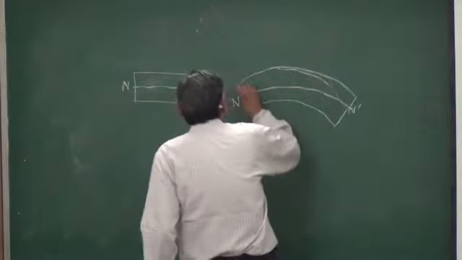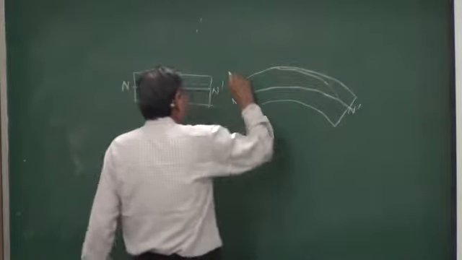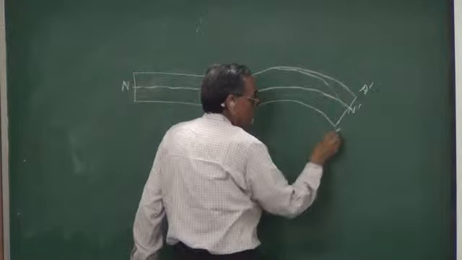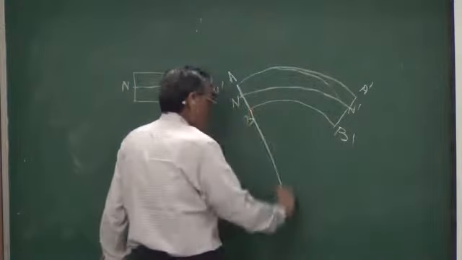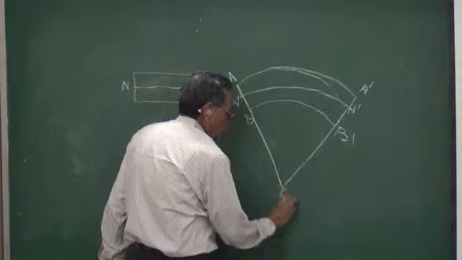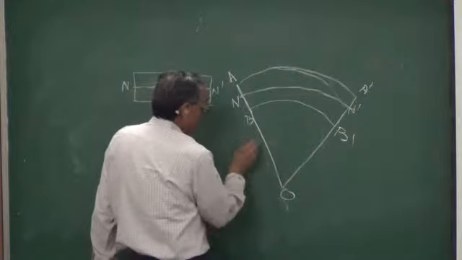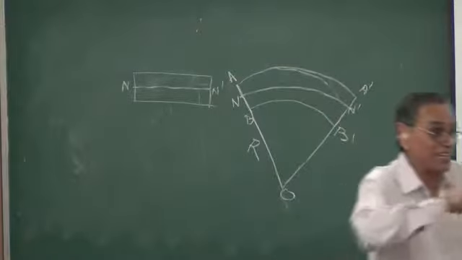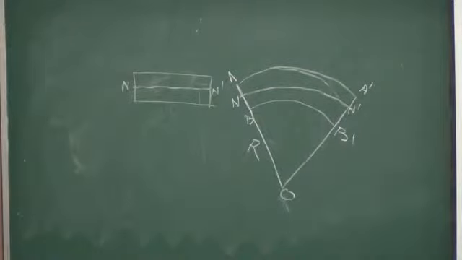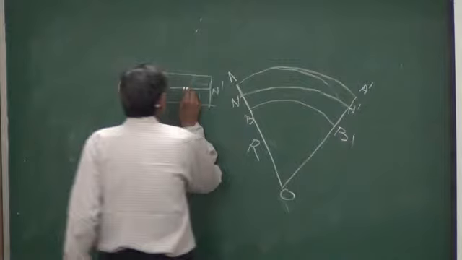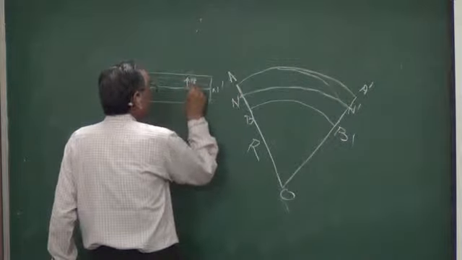Now, this end AB is perpendicular. So you extend them, they will meet at one point O, and ON is the radius of curvature of this small element when it is bent. Now take a point at the height y above the line.